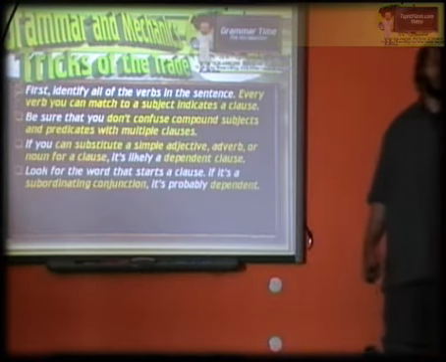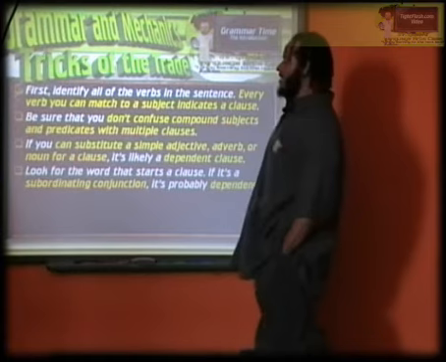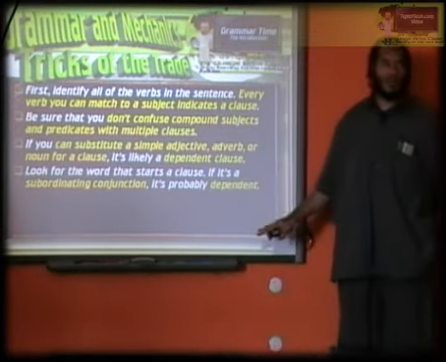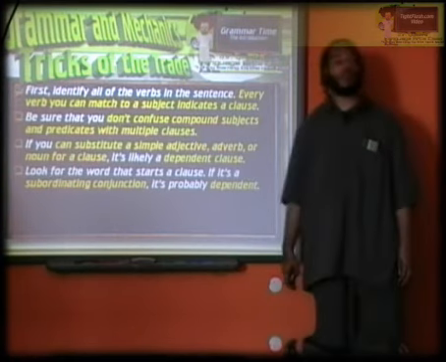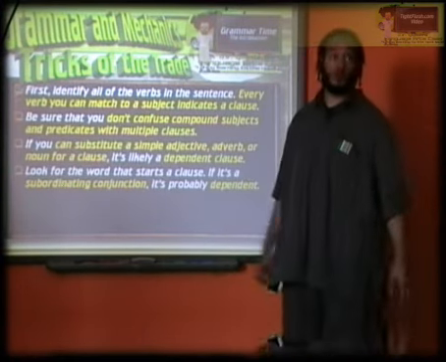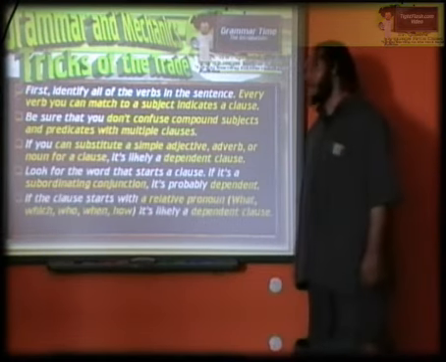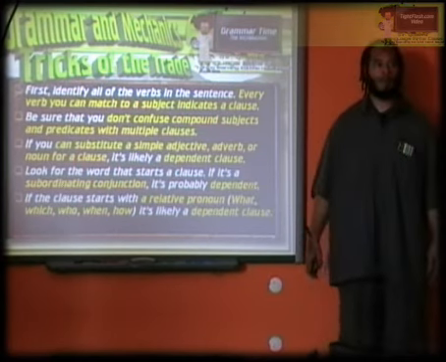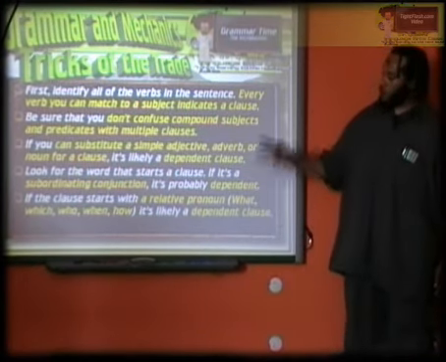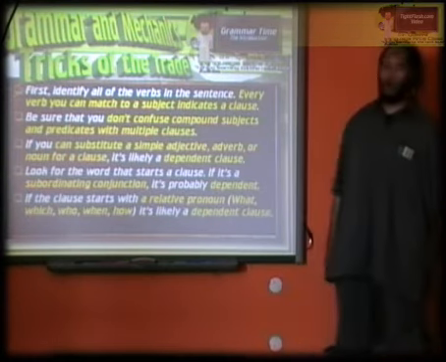If the word is a subordinating conjunction and it starts off the clause, that clause is probably a dependent clause, and we're going to talk about that. If the clause starts with a relative pronoun, such as what, which, who, when, how, it's likely a dependent clause.